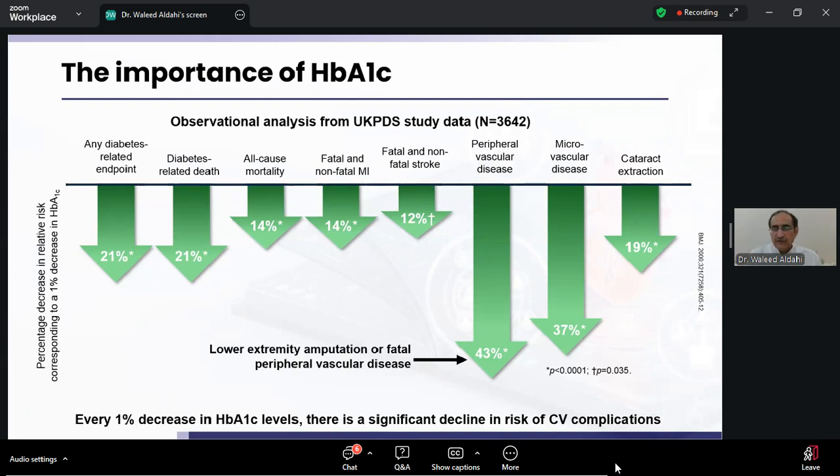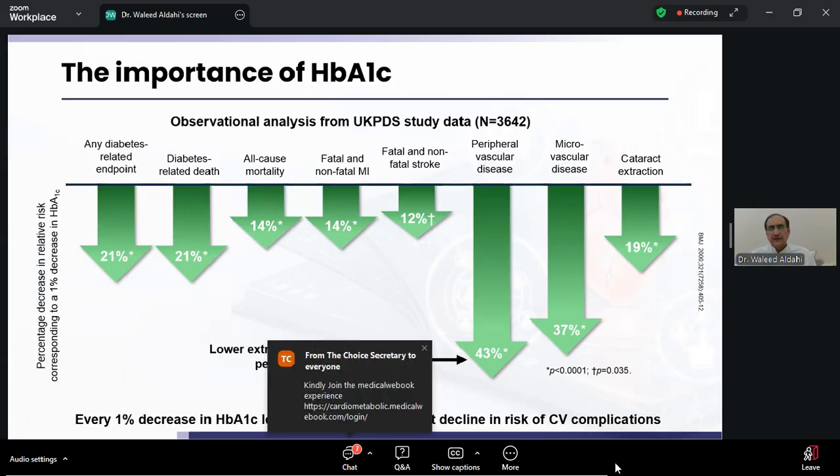The maximum we get is from vascular and microvascular disease, as you can see here, 37 and 43%. Fatal and non-fatal stroke, around 12%. Fatal and non-fatal MI, 14%. All-cause mortality and cataract is increased, and diabetes-related deaths all increased.